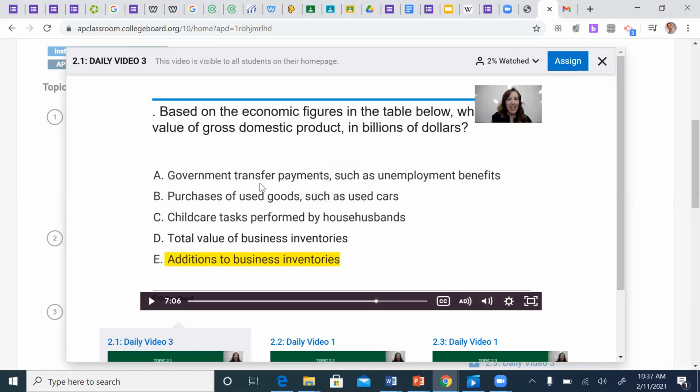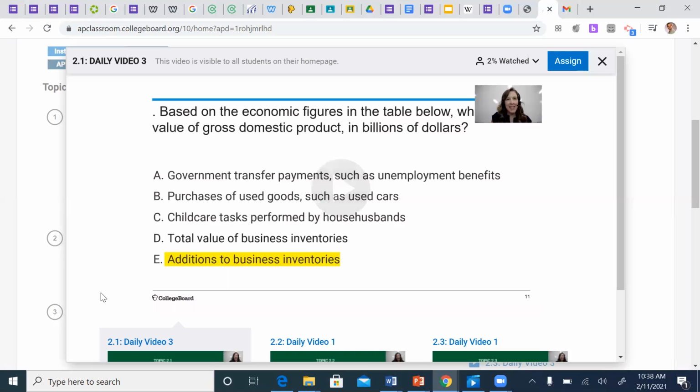Transfer payments don't count, unemployment benefits don't count, purchase of used goods don't count, child care tasks performed by family members don't count. Non-market transactions like child care tasks do not count toward GDP.